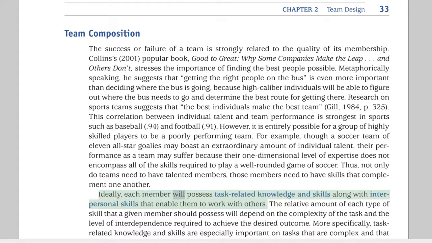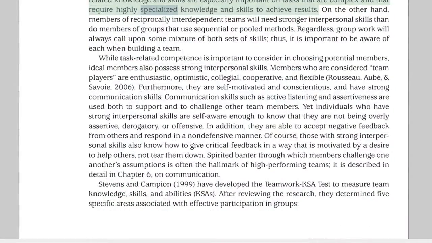Ideally, each member will possess task-related knowledge and skills along with interpersonal skills that enable them to work with others. The relative amount of each type of skill that a given member should possess will depend on the complexity of the task, and the level of interdependence required to achieve the desired outcome. More specifically, task-related knowledge and skills are especially important on tasks that are complex and that require highly specialized knowledge and skills to achieve results.